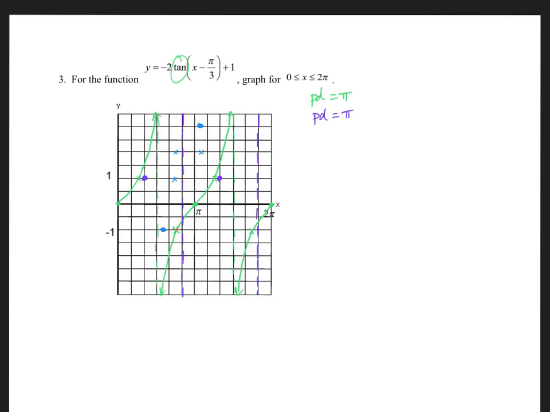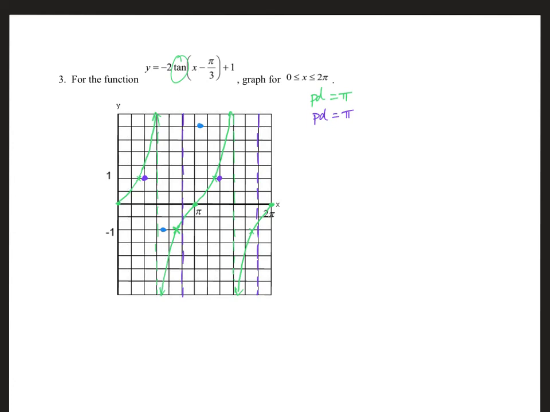Now, here's where I'm going to say, if we've gotten really good at doing our tan curves, and we feel really, really comfortable, then we should be able to take the information we've already found, and use the fact that your tan curve is periodic to create our final graph.